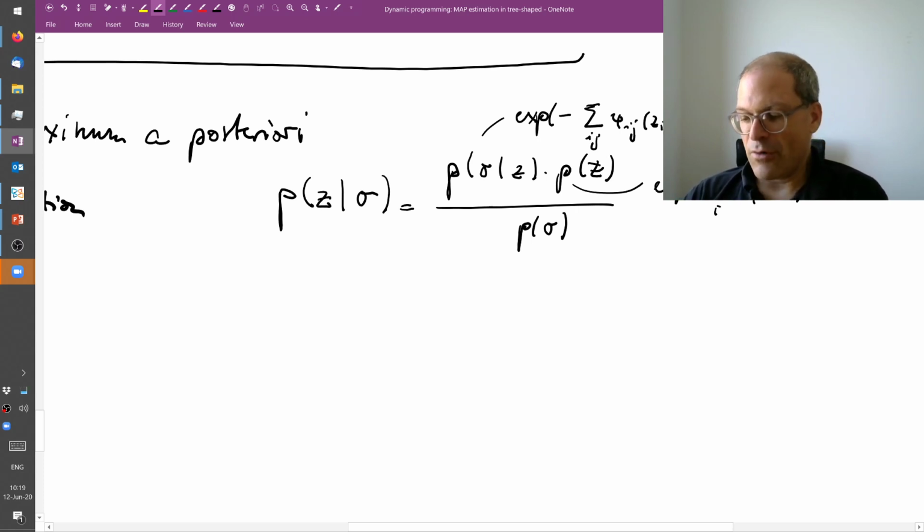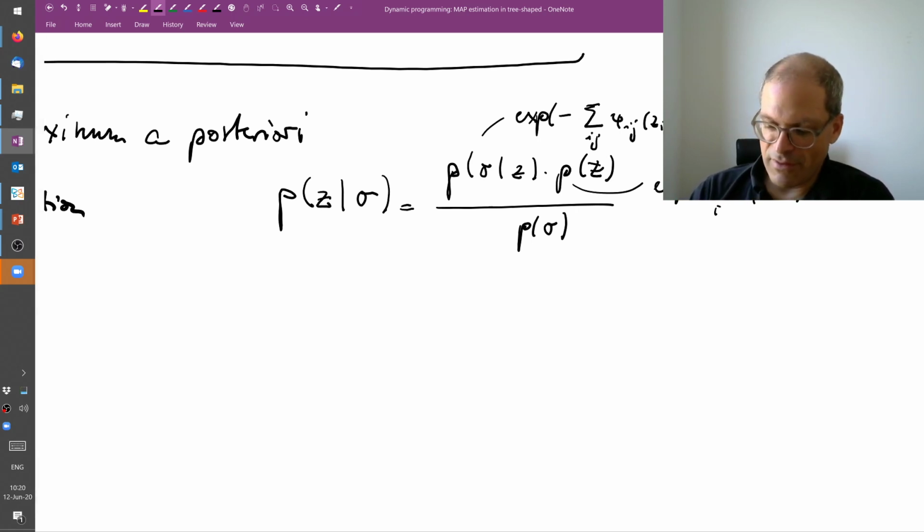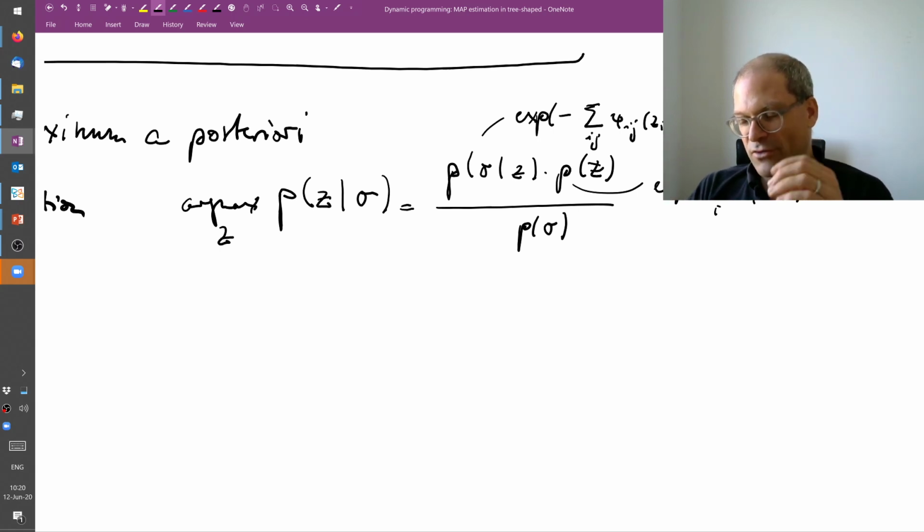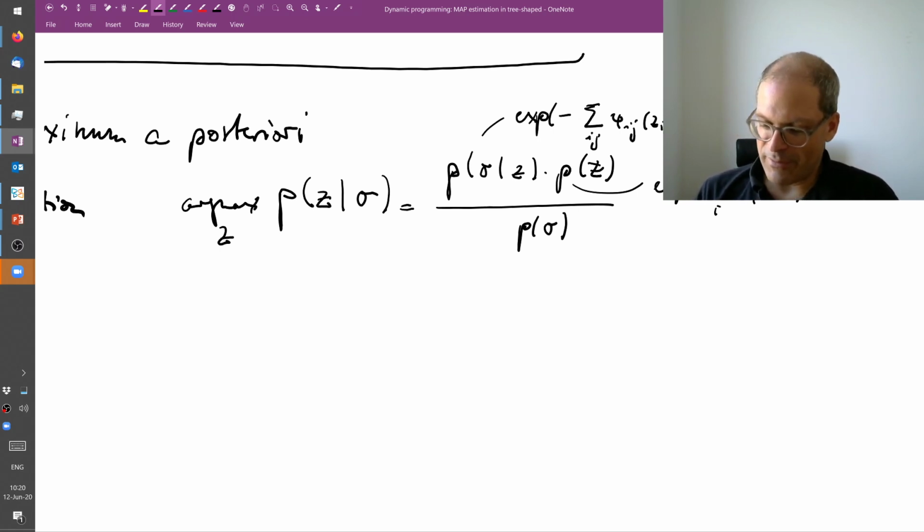All right, and the aim here is to find the argmax, so to find the most likely state. And if we now take the logarithm of this, we lose this e to the power of, and we're left with this energy minimization problem.